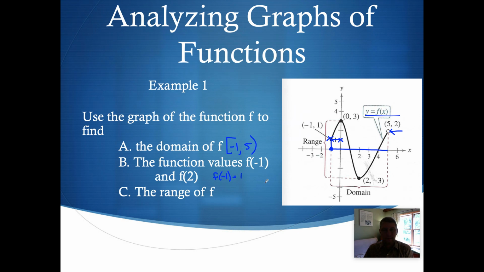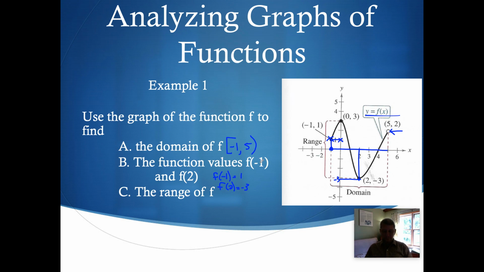Okay, easy peasy. How about f of 2? Well, if we go to 2, here's x equals 2, follow it down to the point and go across to the y-axis. That looks like negative 3 to me. And so f of 2 is going to equal negative 3.